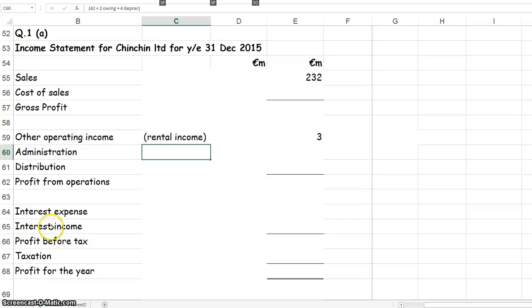Interest income and interest expense are very straightforward. For interest income, we're looking for things like income from investment in shares, or income from financial assets. So we go to the trial balance and look for some type of income.